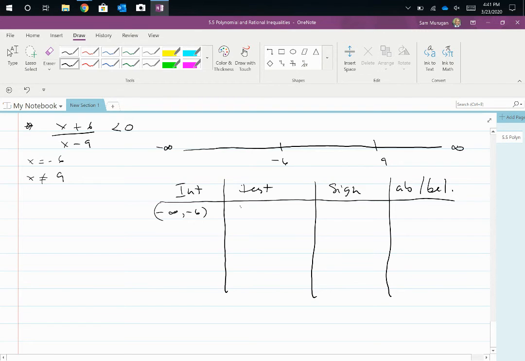So we can test, say, x is equal to -7. So -7 plus 6 over -7 minus 9 is a negative number. Is it? No, it's negative divided by negative, so it's positive. So this is above.